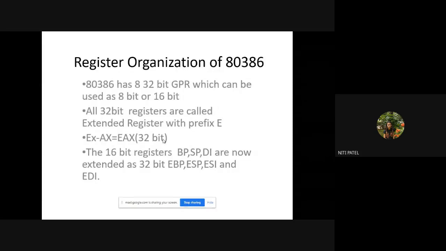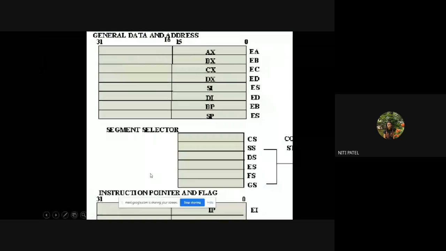Okay. So along with EAX, EBX, ECX, and EDX, we have the base pointer, stack pointer, source index, and destination index. They are now extended to 32 bits: EBP, ESP, ESI, and EDI. Let me show you the diagram. This is source index, SI. DI is destination index. BP is base pointer, and SP is stack pointer.